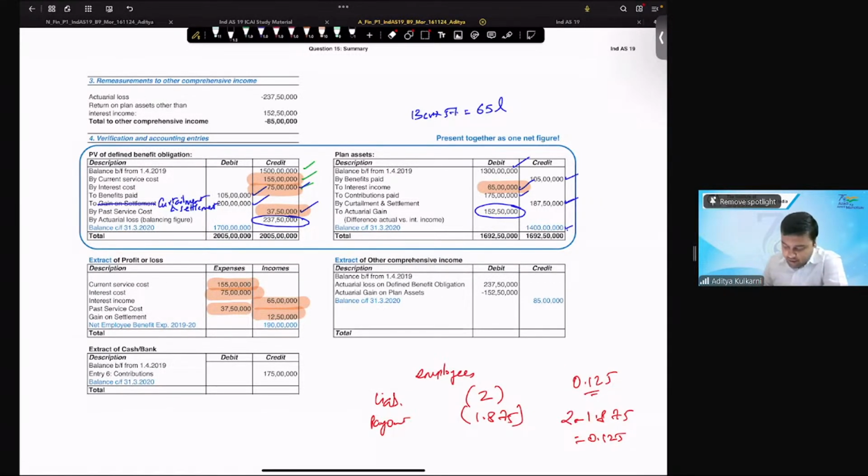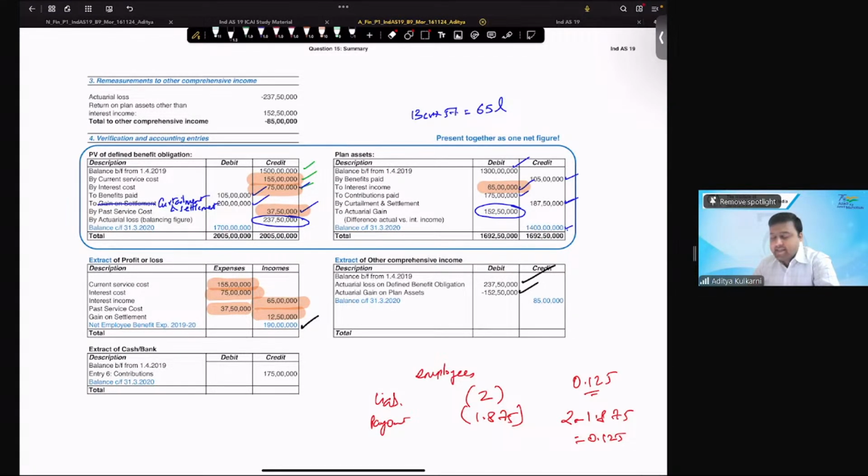So therefore, when you do the add less, the net employee benefit cost that you will be booking is 1.9 crores. Okay, so that takes care of net cost. Coming to your actuarial gains and losses. Your actuarial loss on the obligation is 2.37 crores.